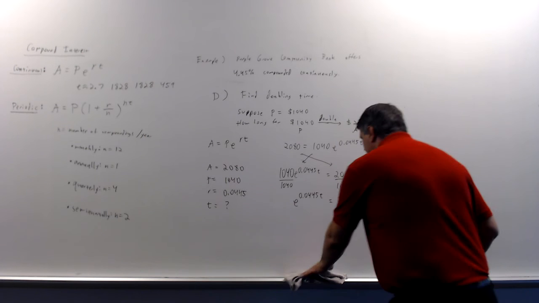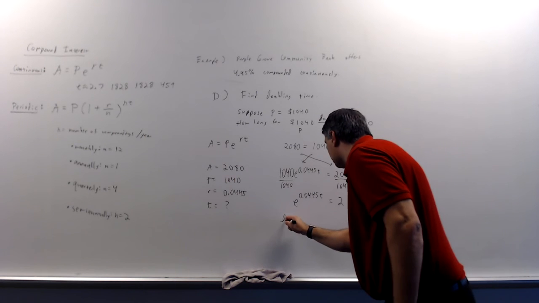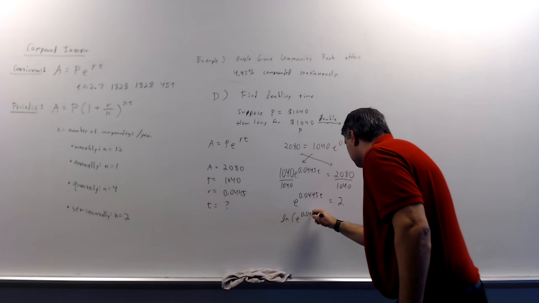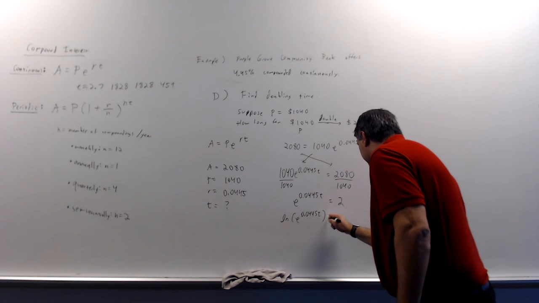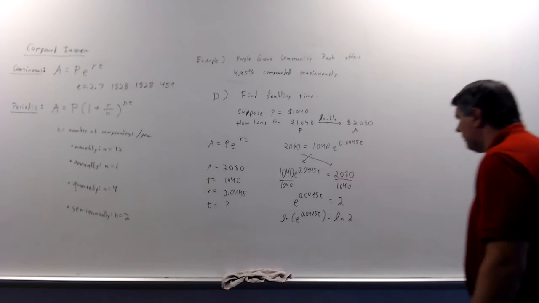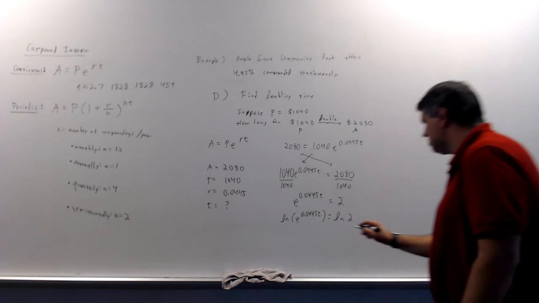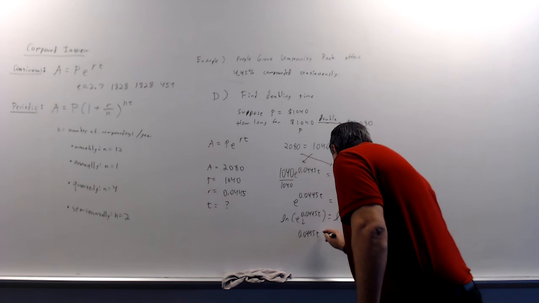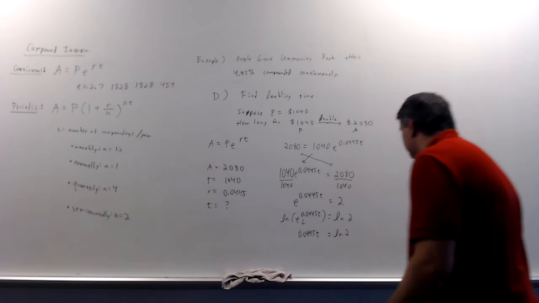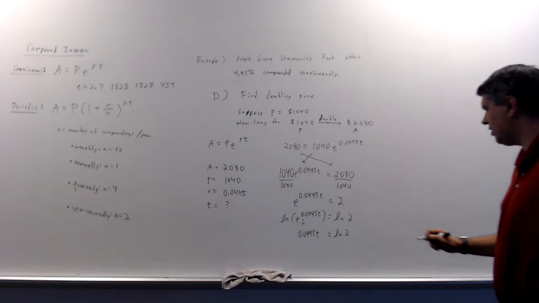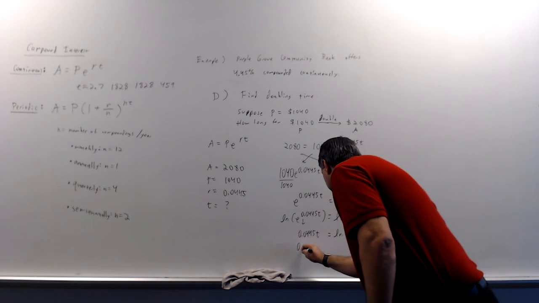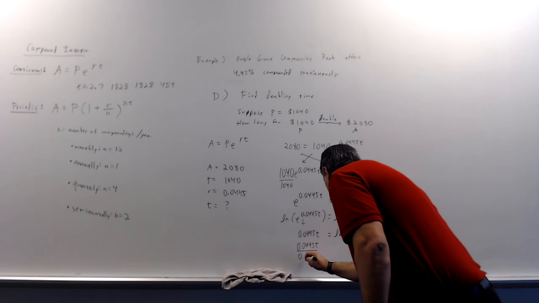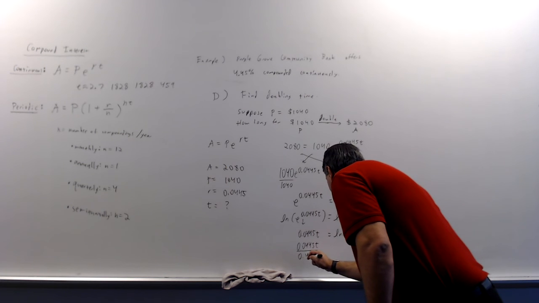It's base e, so we'll use a natural log, which is log base e. So that takes that out of the exponent, and we have 0.0445 t equals the natural log of 2. All I need to do now is divide off that 0.0445.